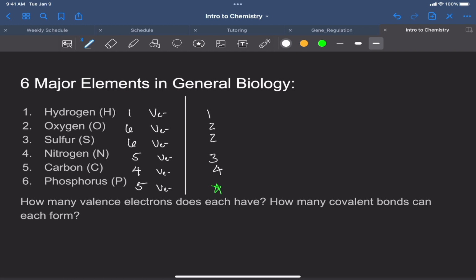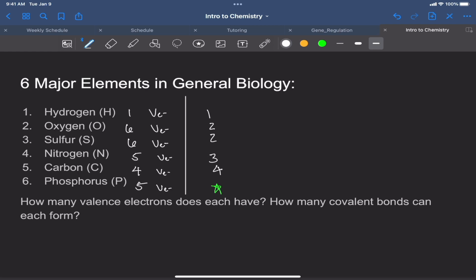That is more for chemistry and very slightly in upper division biology. The only special exception is phosphorus with how many bonds it can form, and that is because it can have an expanded octet, so you can't just use the octet and the duet rule.